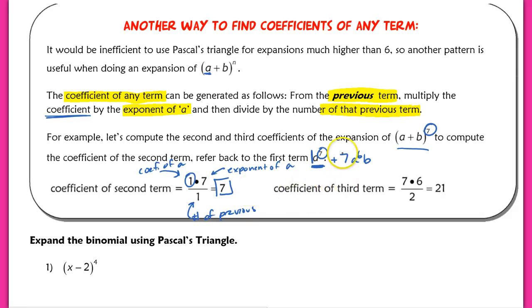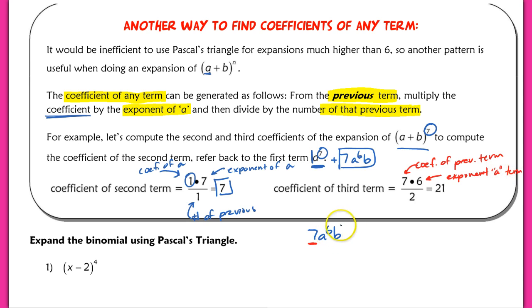Now to find the third term, we have to look at the second term, so you always look at the previous term. The second term was 7a to the 6th times b. So what you're going to do is take the coefficient of the second term, so this 7 here, and then the exponent on the a term.